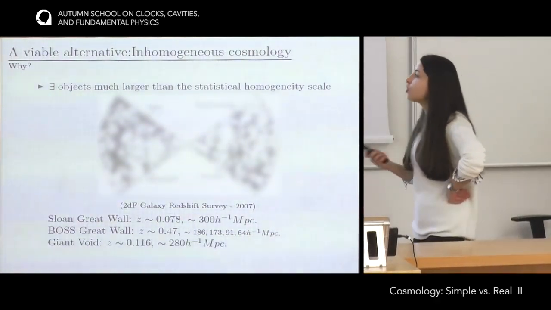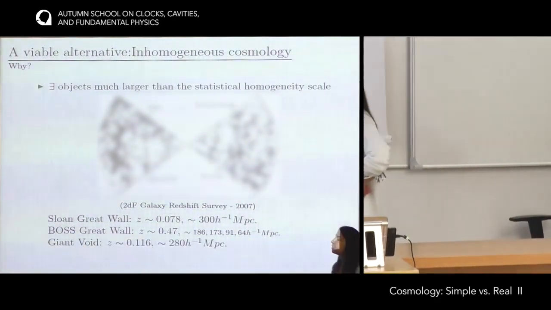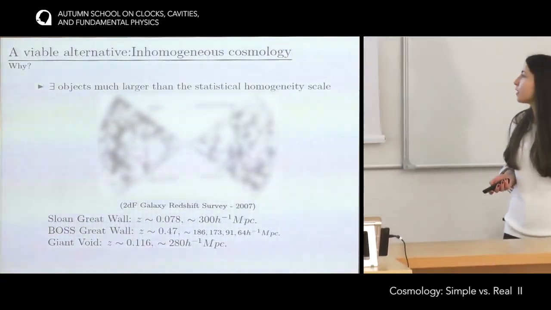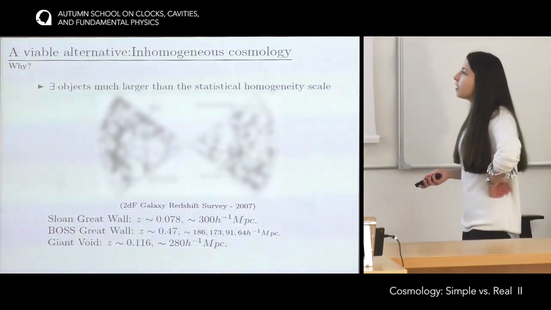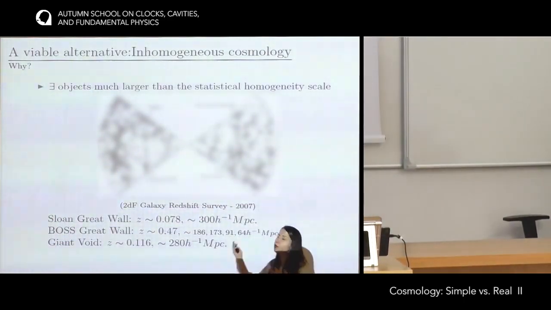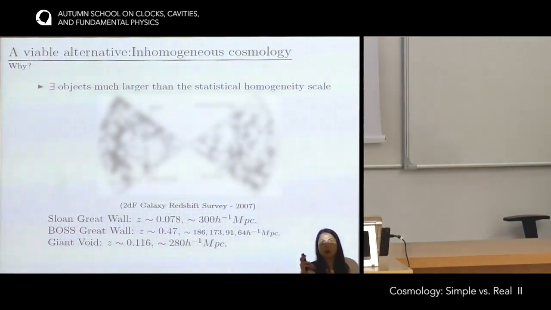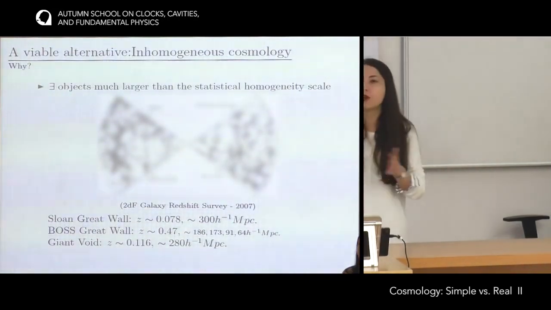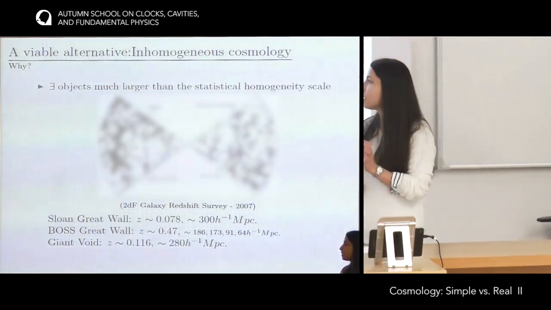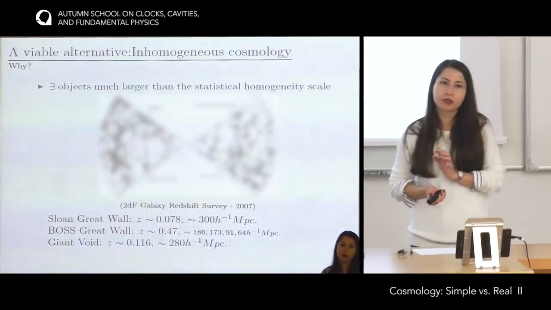And there's this giant void, as they call it, which is of the size of 180/h megaparsecs. To give you just an intuition, the Sloan Great Wall is like 1/60th of our observable universe, and this is just one structure, and it is not the greatest structure in the universe.